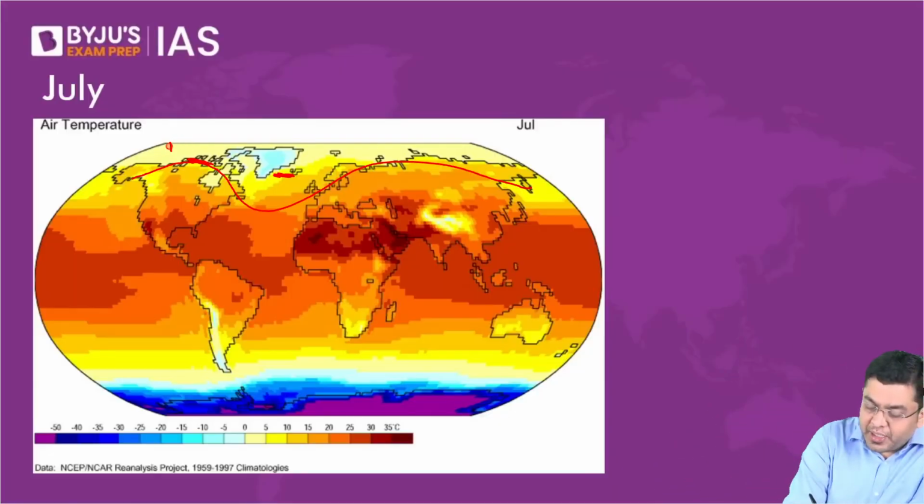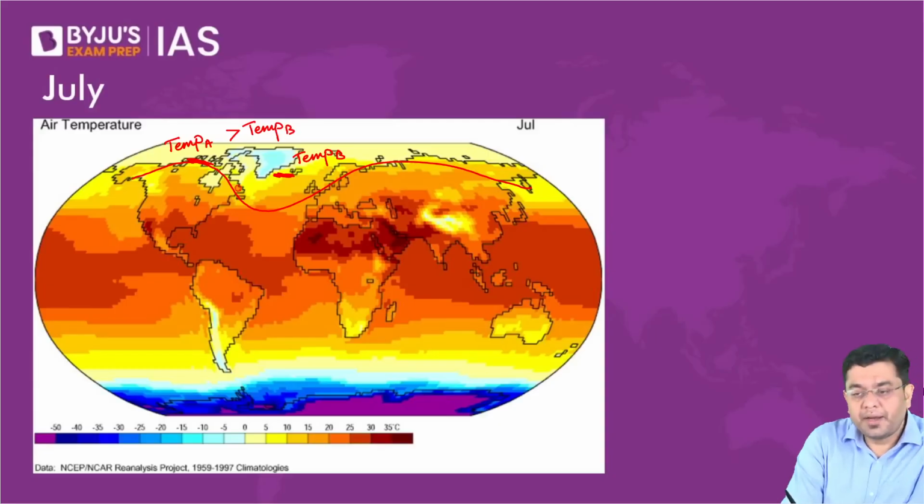If I consider this as temperature at A, and this as temperature at B, so temperature at A will always be higher than temperature at B, right?